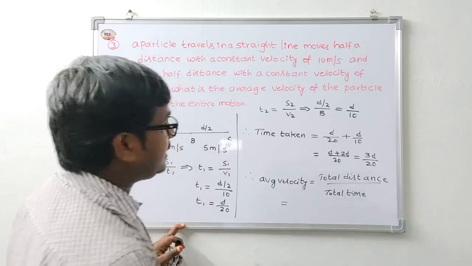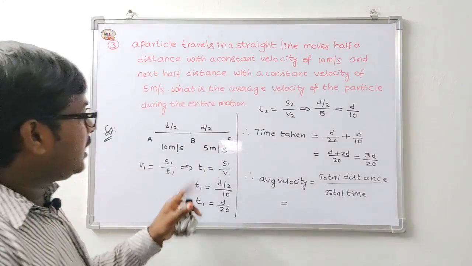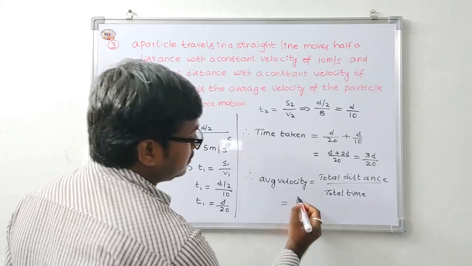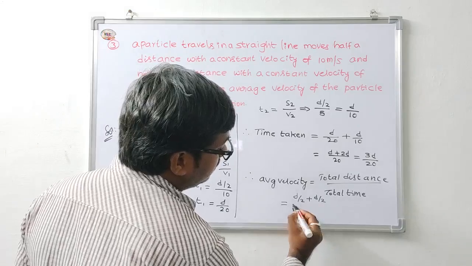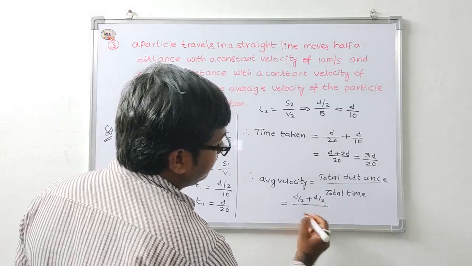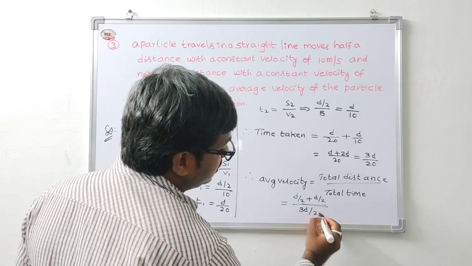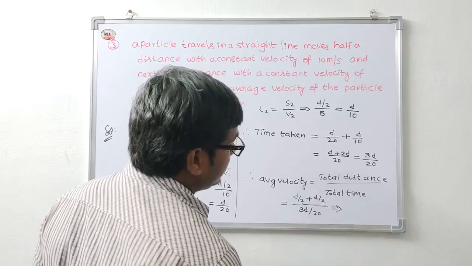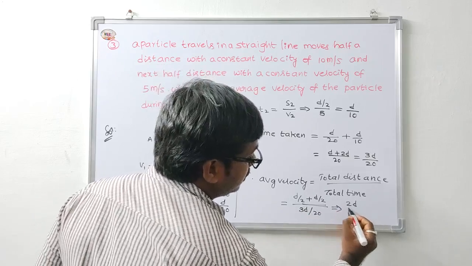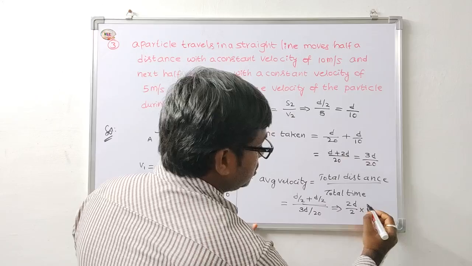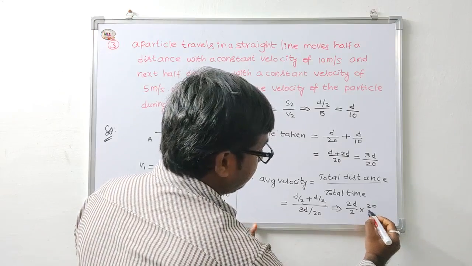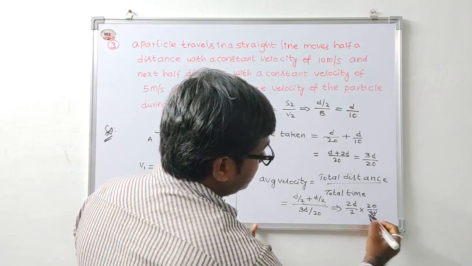Total distance is d by 2 plus d by 2 = d, total time is 3d by 20, so that is d times 20 by 3d.